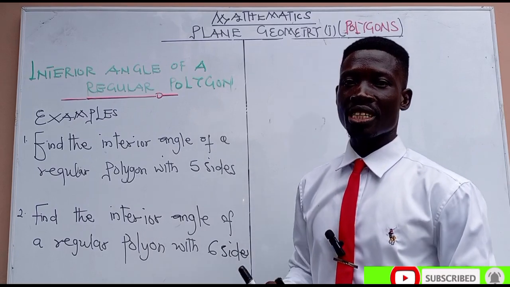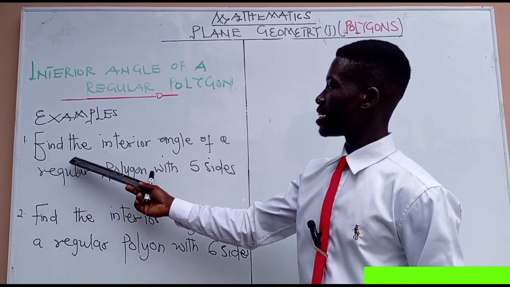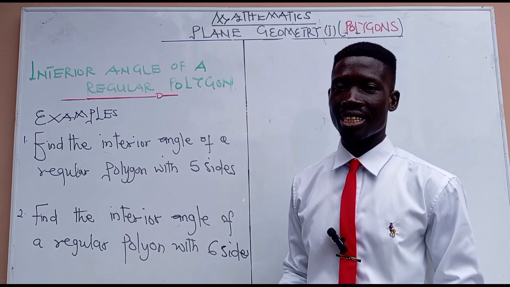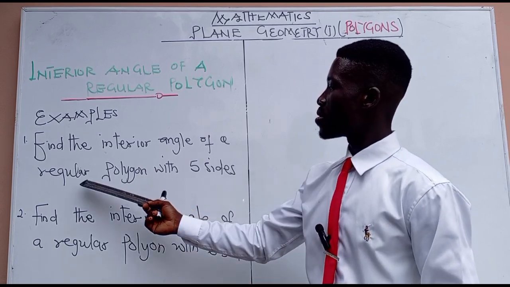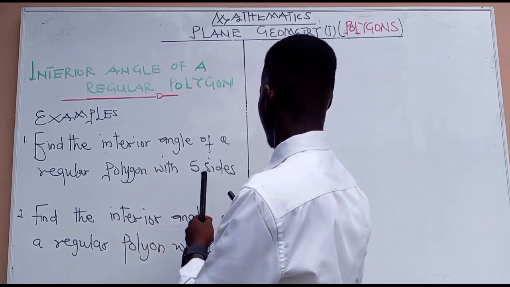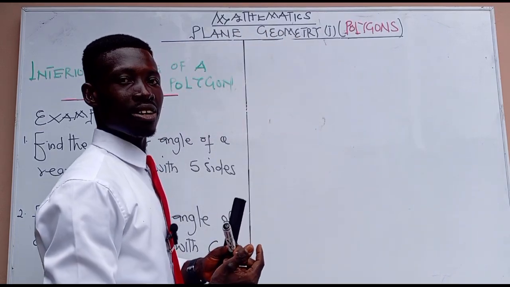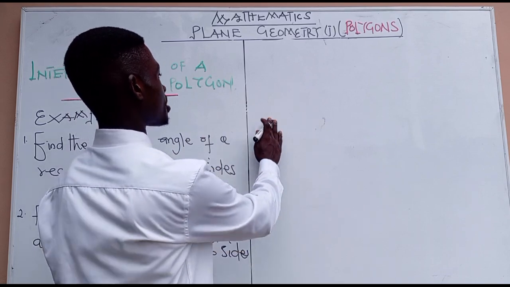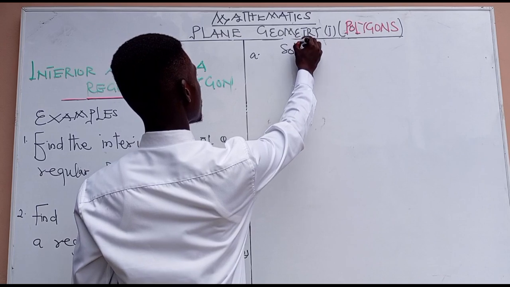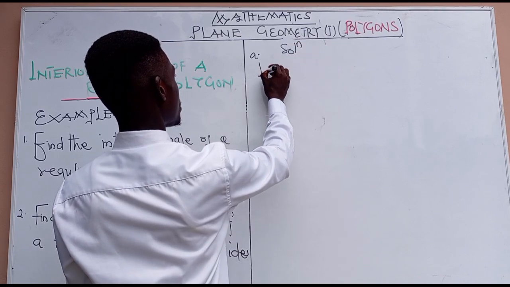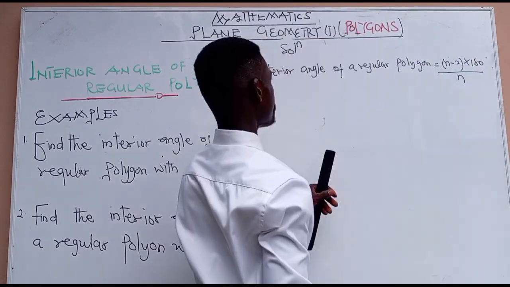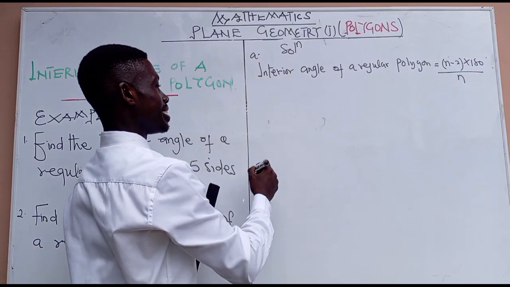So we have our first example. We have to find the interior angle of a regular polygon with 5 sides. The key word is what? A regular polygon with 5 sides. And we know that the interior angle of a regular polygon is given as n minus 2 times 180 divided by n, where n is the number of sides.